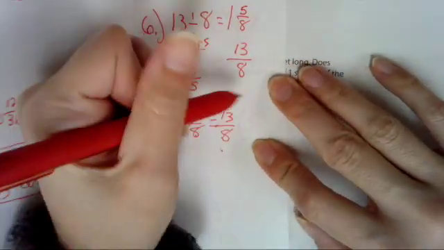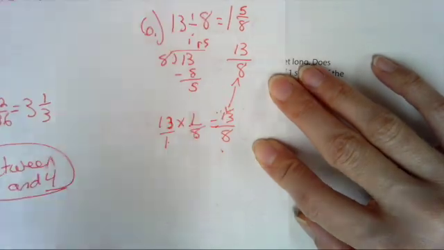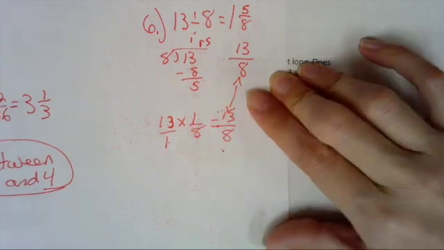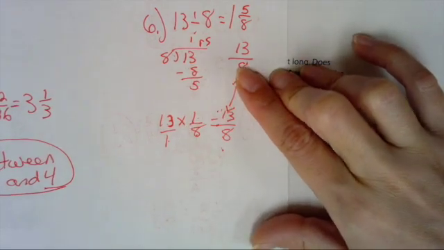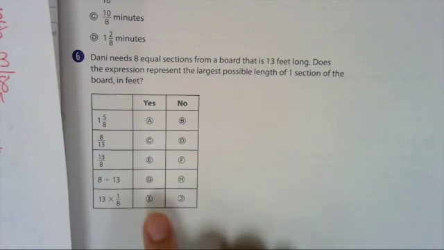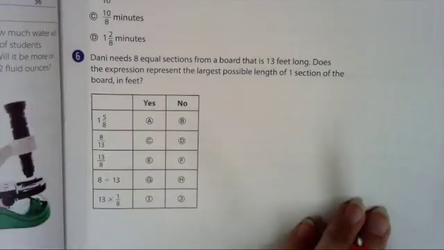That's the same thing as this. It's the same thing, just written as a multiplication problem instead of a division problem. So yes, 13 times 1/8 is the same thing as 13/8. That should be yes. Our last page is page 388.